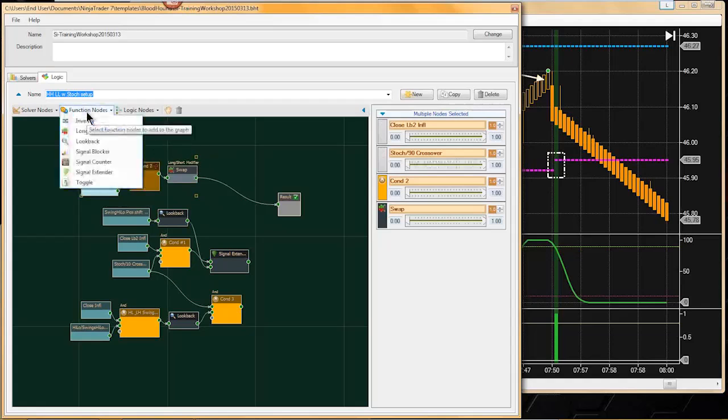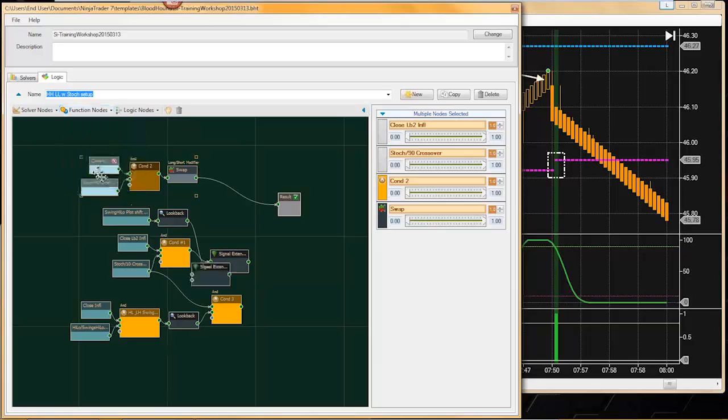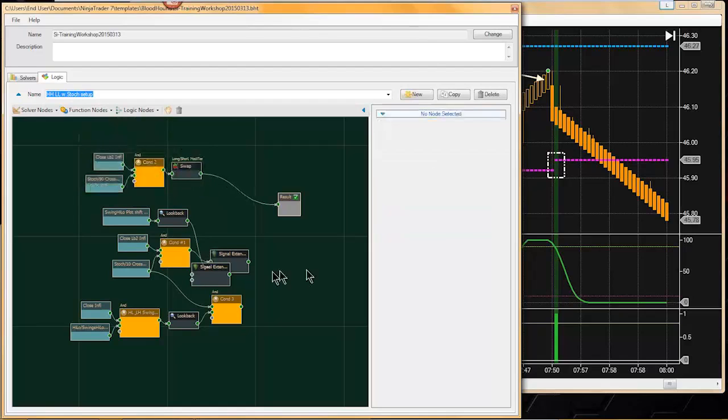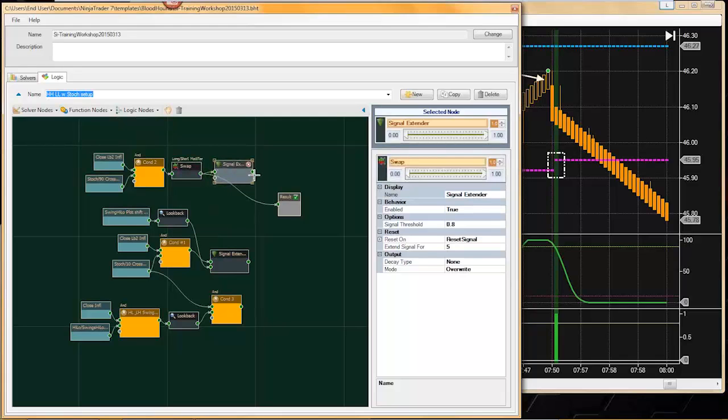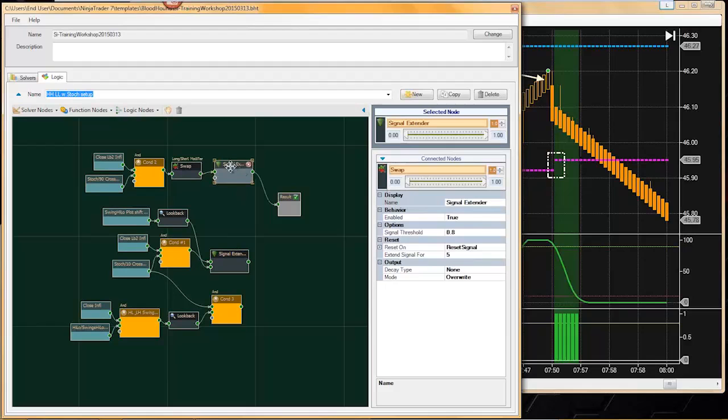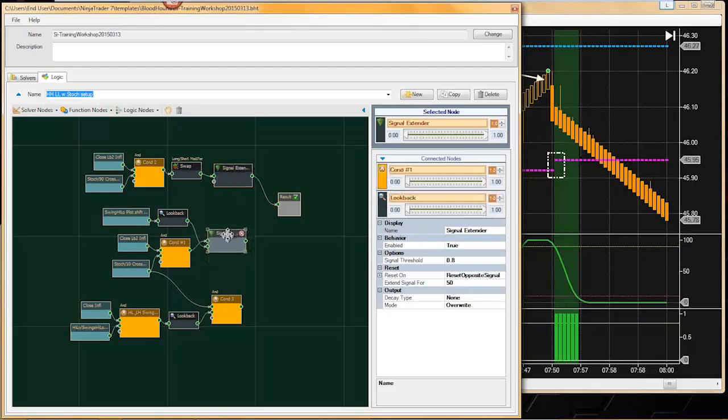So what I'm going to do is I'll grab a signal extender. Connect that up. All right. So condition 1, originally we extended it for 50 bars.